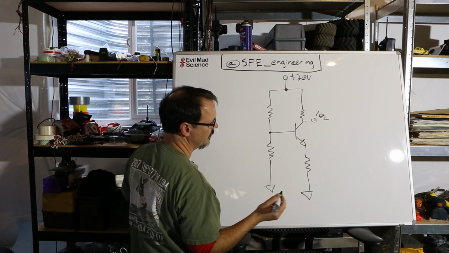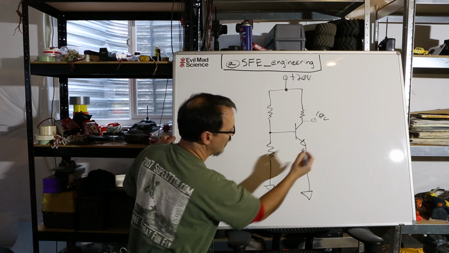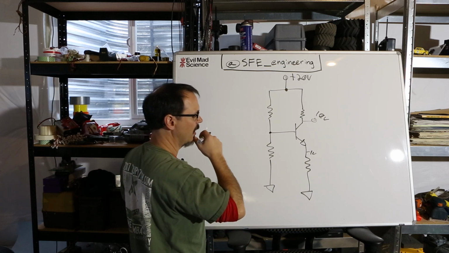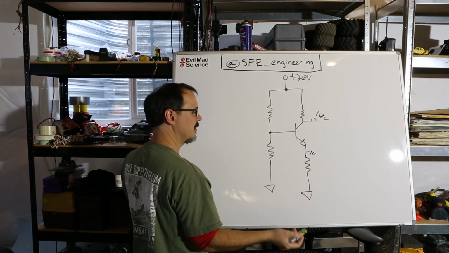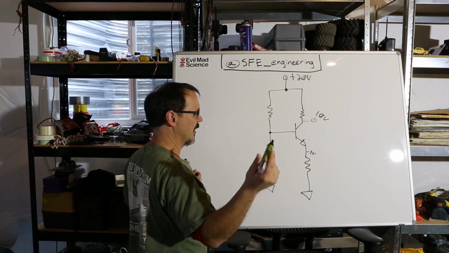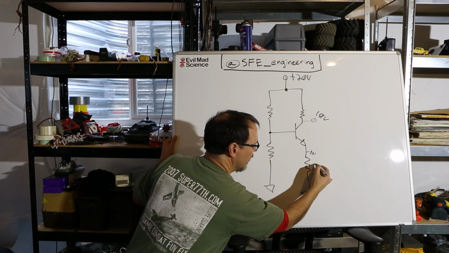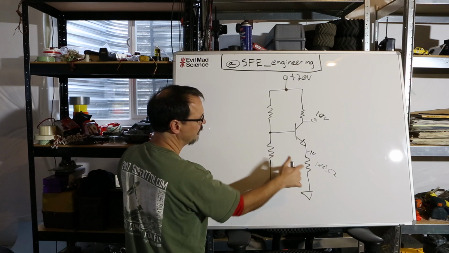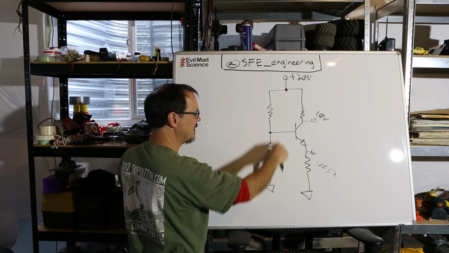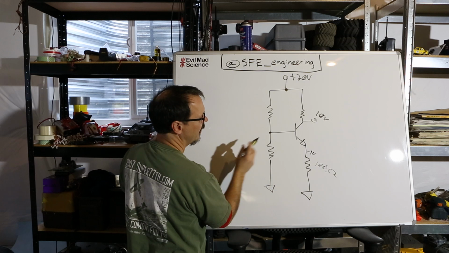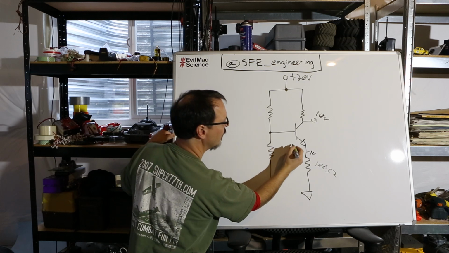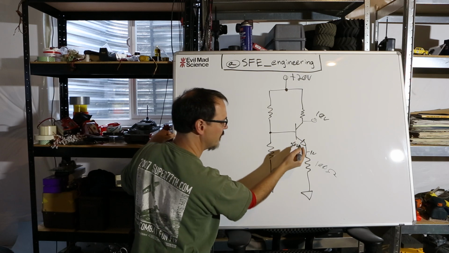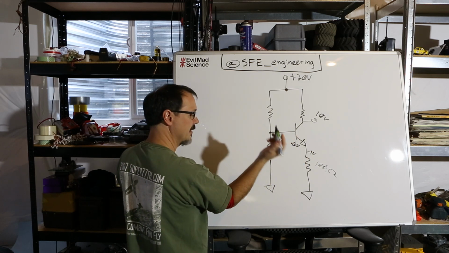And so what you're going to do is you're going to say, okay, for example, I want this point sitting at 1 volt. And for 1 volt, I want to pass 10 milliamps. So that makes this resistor 100 ohms. In order to make that happen, I've got to set this divider ratio to give me, for an assumption, like we did the last time, 0.6 volts from emitter to base.